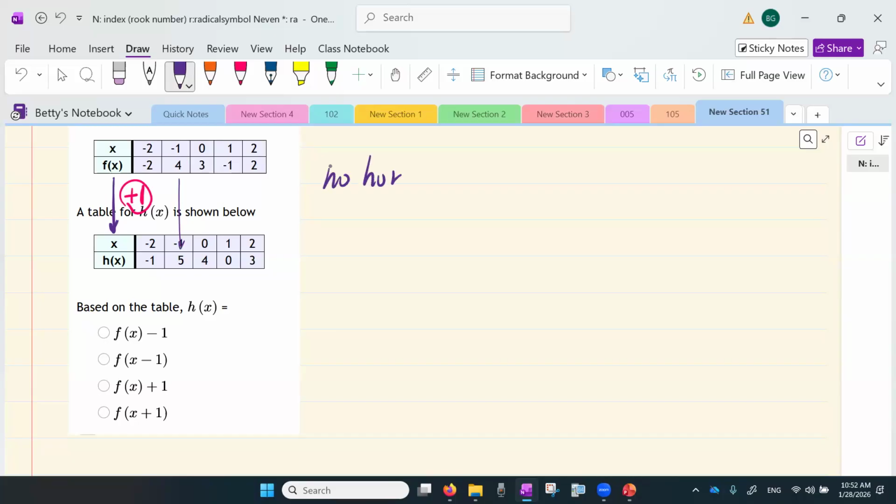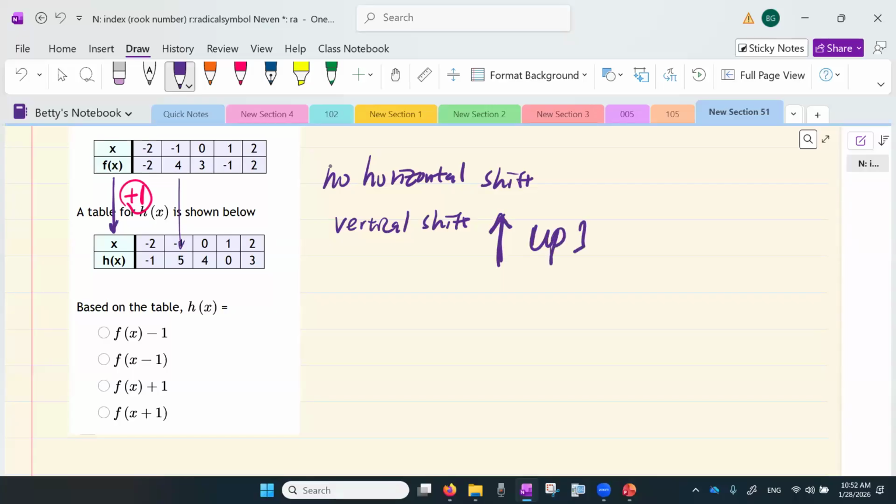No horizontal shift. There is a vertical shift. Since all the y values increased by 1, shift upward by 1.